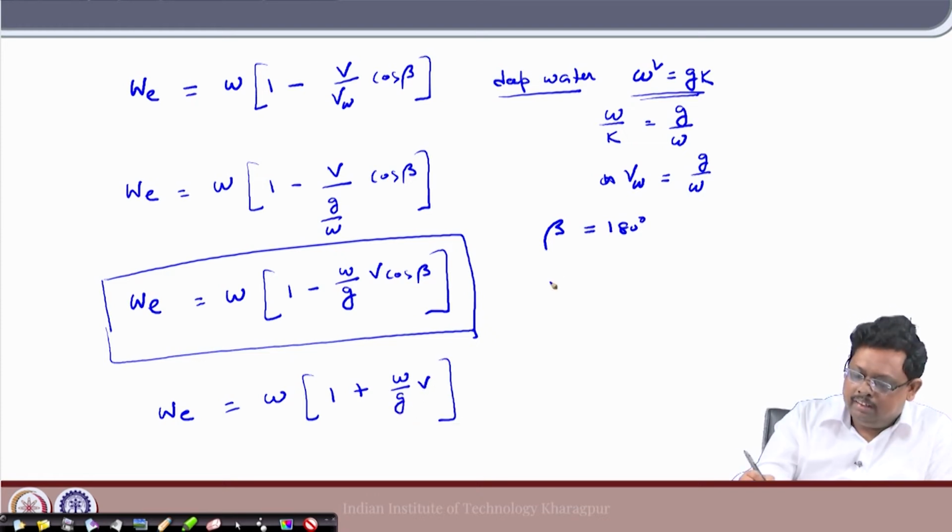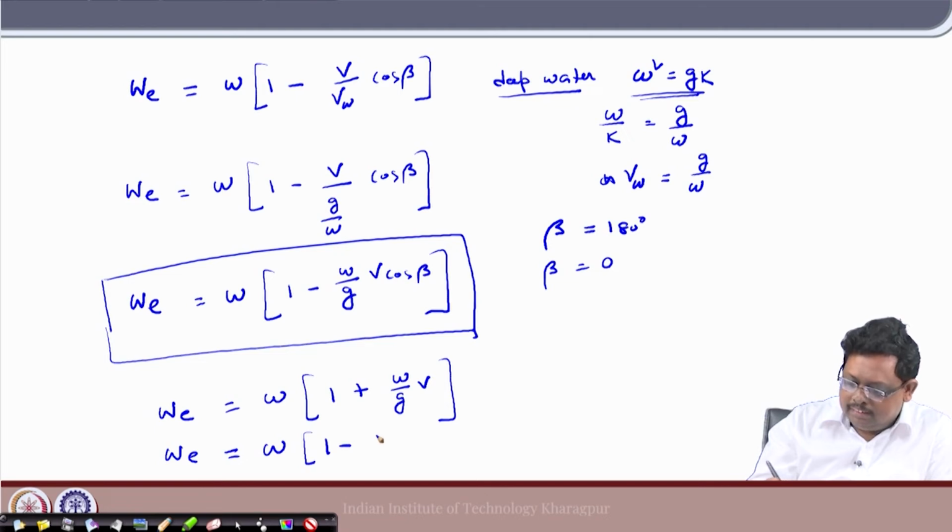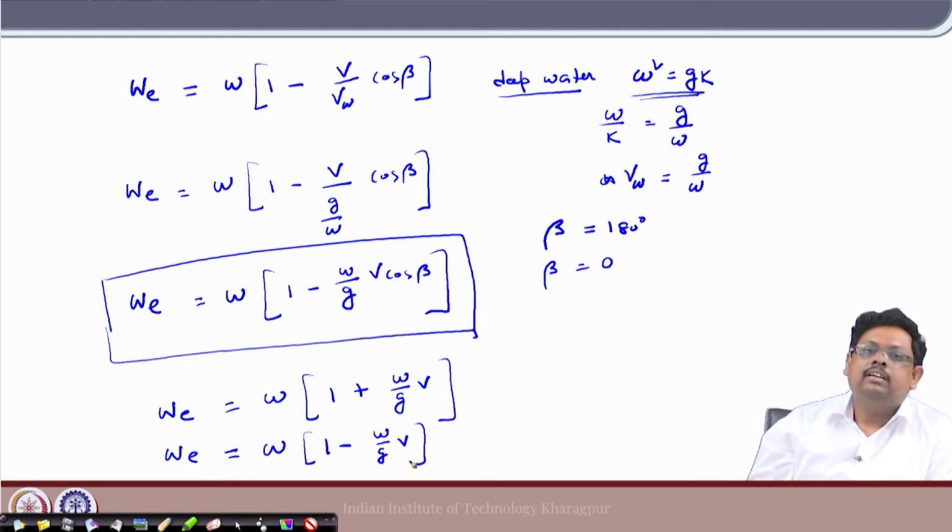And if you take beta equal to 0, then omega e equals omega into 1 minus omega by g into v, because cos 0 is 1. Now, if you look at these two equations, you can see that the nature of omega e is quadratic, and here it is always positive because this is plus.